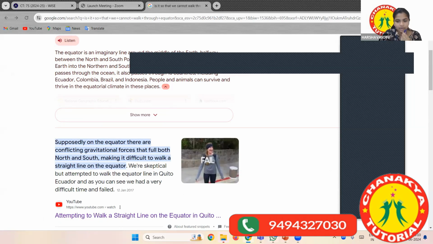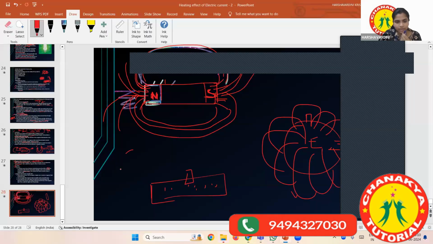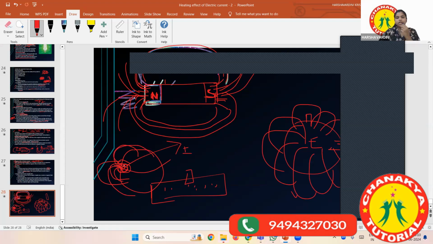I am imagining, if the equator line is like this, the gravitational pull will be very conflicting over here. So the amount of gravitational force will be very, very intense, because it is from one side and from another side. I think because of that intensity and gravitational conflict, one is not allowing the other to be there.